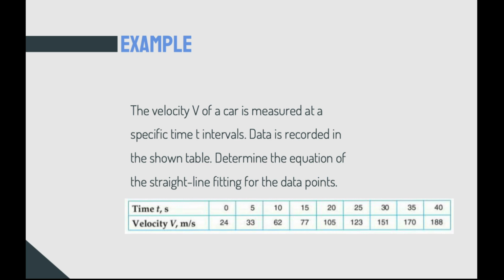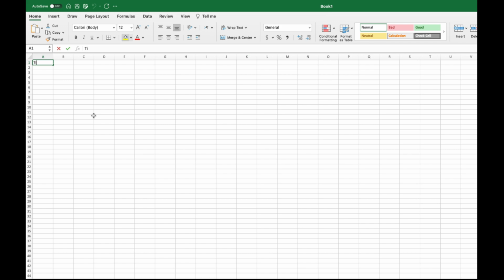So let's have time t and velocity v, what we said. We can have it in a column style if you want. So time, then what's the notation of time? t. Then what's the unit? Seconds. You can have seconds in brackets just to identify that it is representing units. Time in seconds.